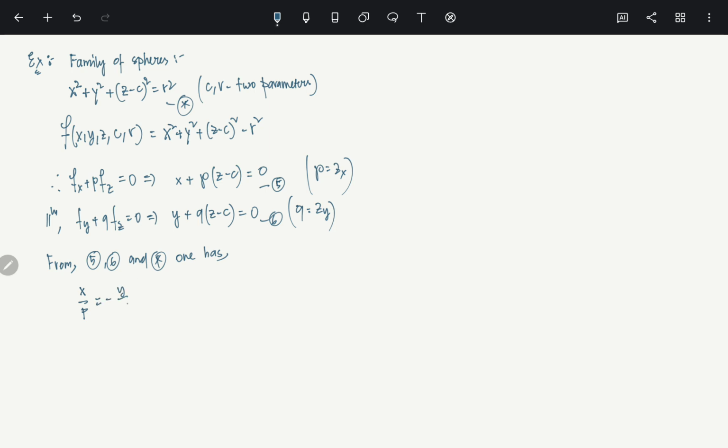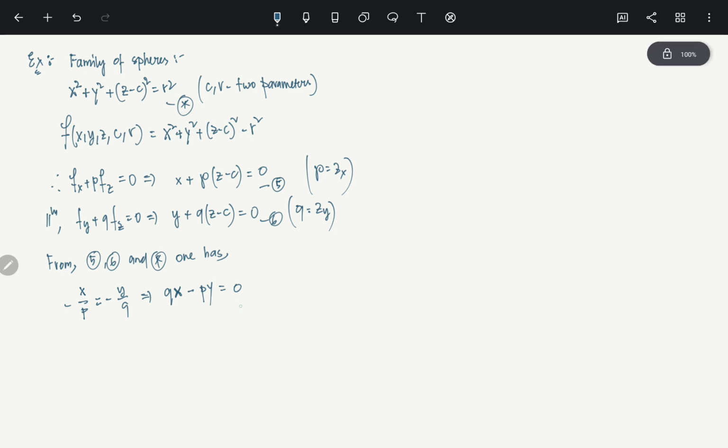That will give you qx minus py equals 0. We don't need the first relation star in this case, because without it we can eliminate everything.